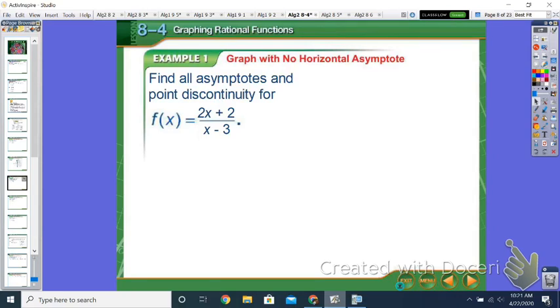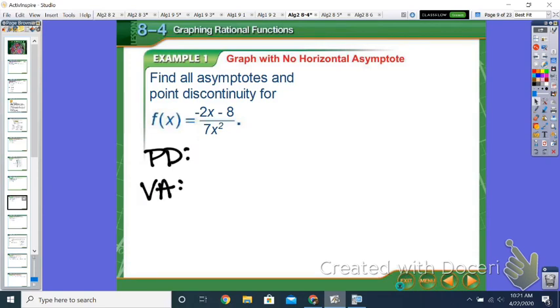Okay. Yeah, so we're here. All right, so again, we'll do our setup. PD's point discontinuity. I know that you see that up there, and I mentioned it, but just so you understand what that means. And again, OA is oblique asymptote. So again, for now, none on both of these.